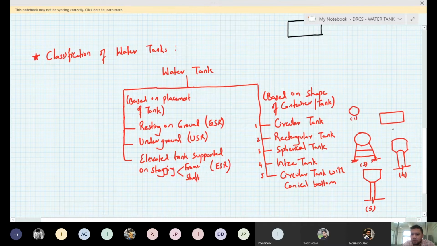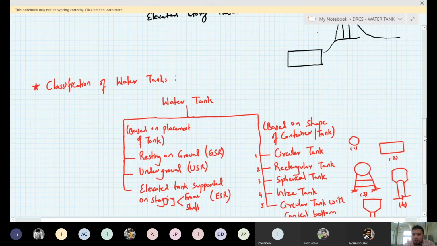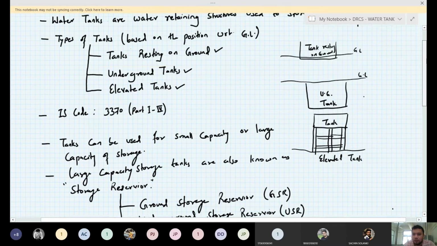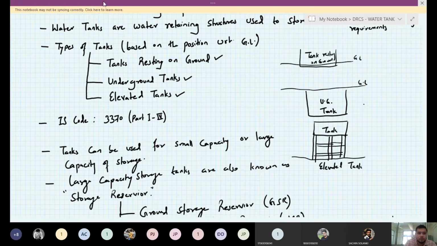This is first, second, third, fourth. And underground tanks, these are already drawn here.